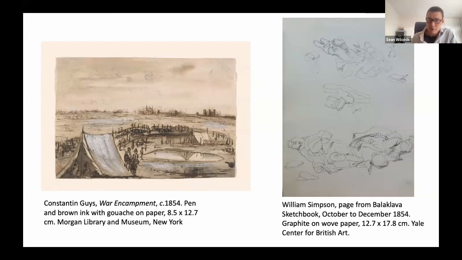A critic for the Times concurred, and celebrated the ability of the sketches to, I quote, "bring us without doubt nearer to the tremendous events they portray. There is something about the rude and hasty scrawl on a crumpled bit of paper, with its terrible dashes for exploding shells and scratches that do duty for outline, that gives us a better idea than did the engravings of the confusion and terror."